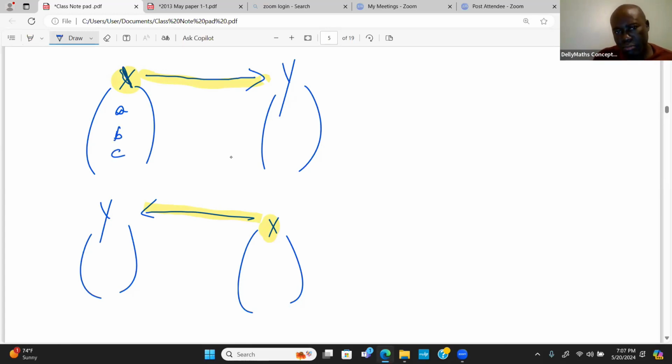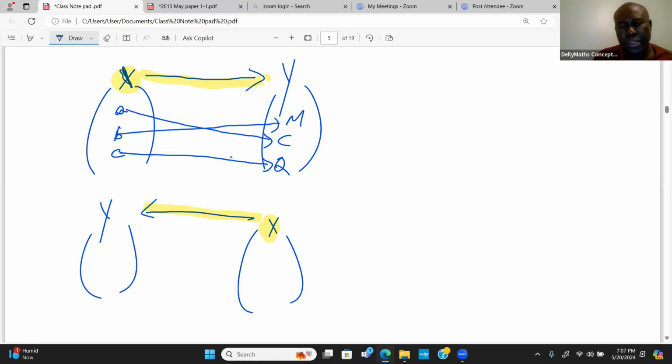For example, each X should only go to one Y. So you notice each X going to one Y. Now, when I say that, don't be fooled, because this can happen.